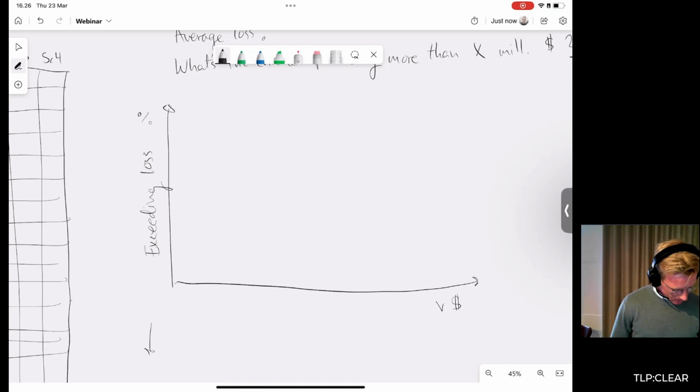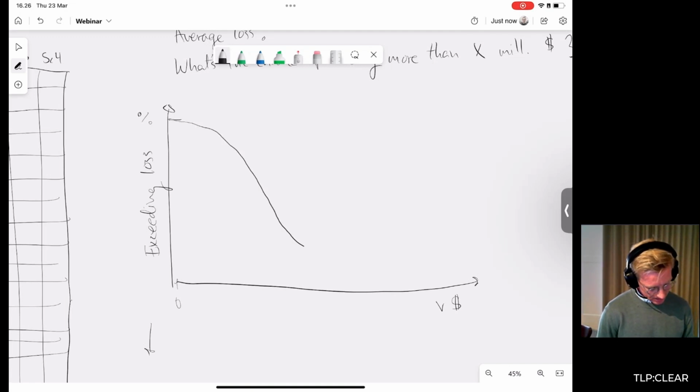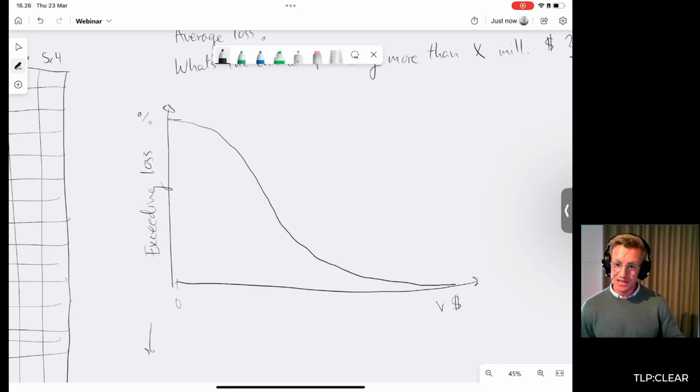So in the beginning, when the loss is very low down here, maybe all of my scenarios exceeded 0. They were larger than 0. Okay. And as I go into more and more expensive losses, I see that the probability of exceeding that loss is going to be smaller and smaller and smaller.